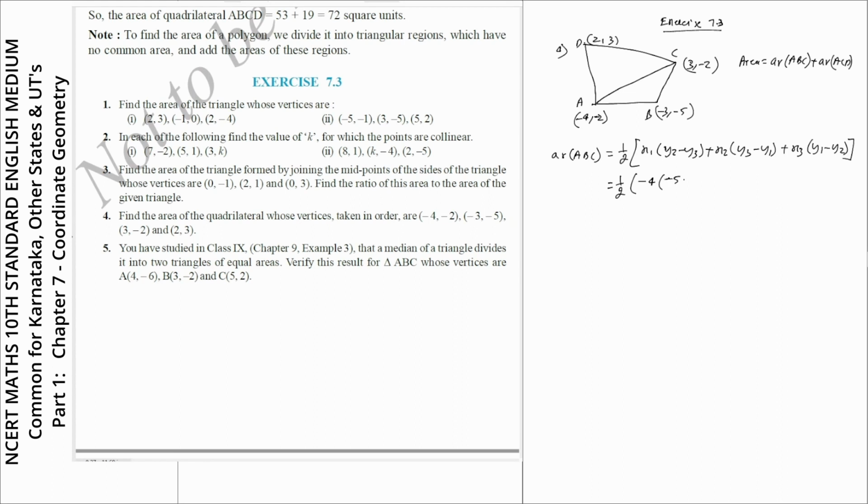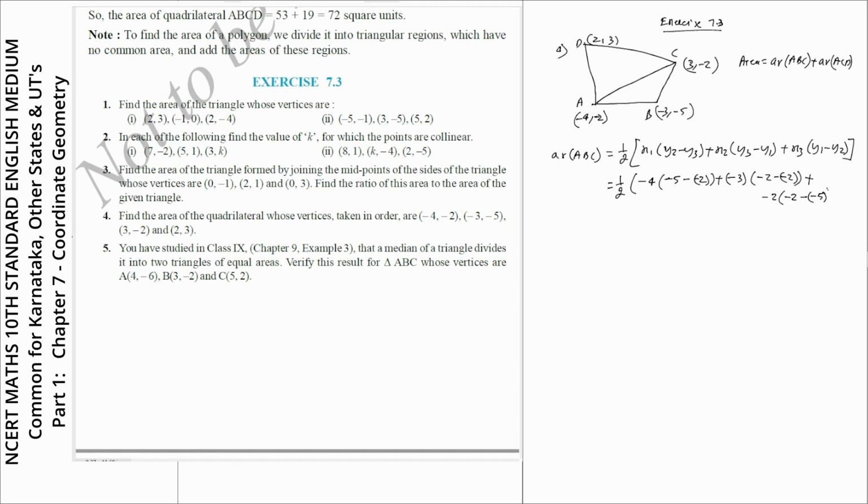So I'll get -4 into y2, now here it is -5 minus of -2, then plus x2 is -3 into y3 minus y1, y3 is minus 2, minus of minus 2, okay, plus x3 is minus 2 into y1 minus y2, that is minus 2 minus of minus 5.